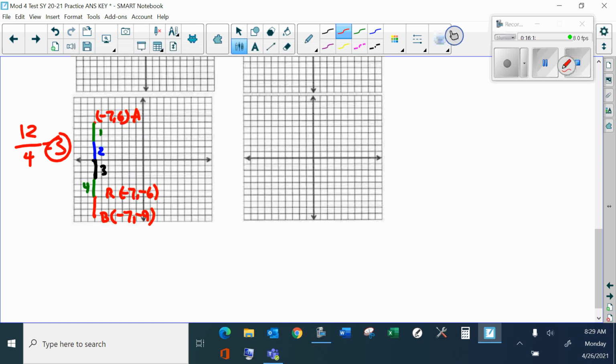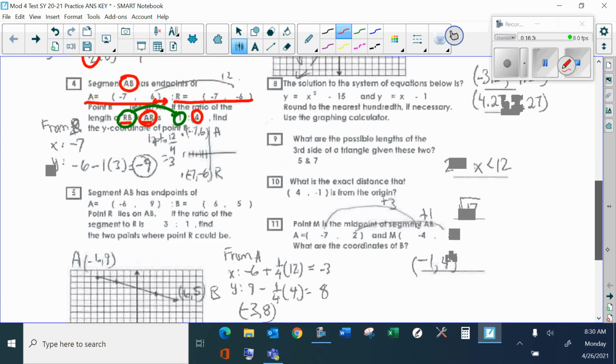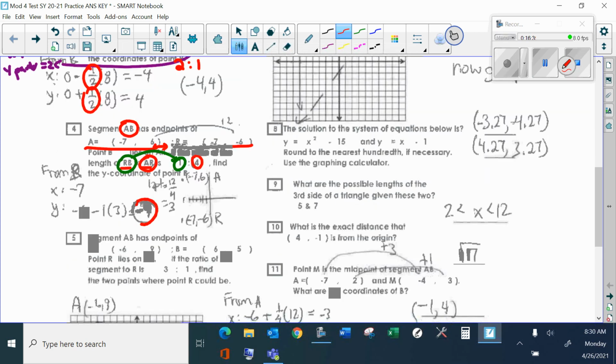So B is now 1 part from R. I think it only asks for the y coordinate, -9. Why would it do that? Because -7 is consistent for all of them, so they just wanted the y coordinate. -9 is my answer.